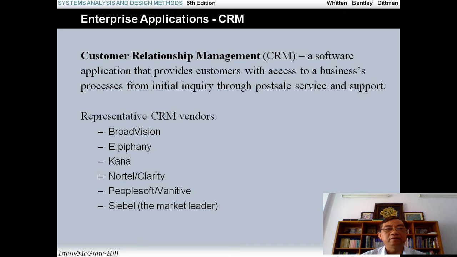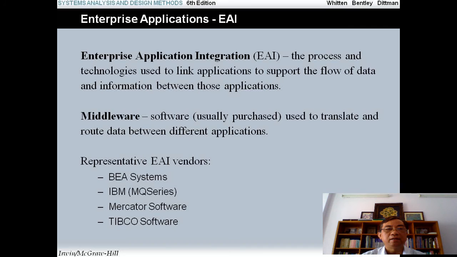And you also have the typical EAI vendors like BEA Systems, IBM, and so forth. And this is the enterprise application integration. You combine together many functions, many software together. And you have here the customer relationship management, the SCM, and the ERP.